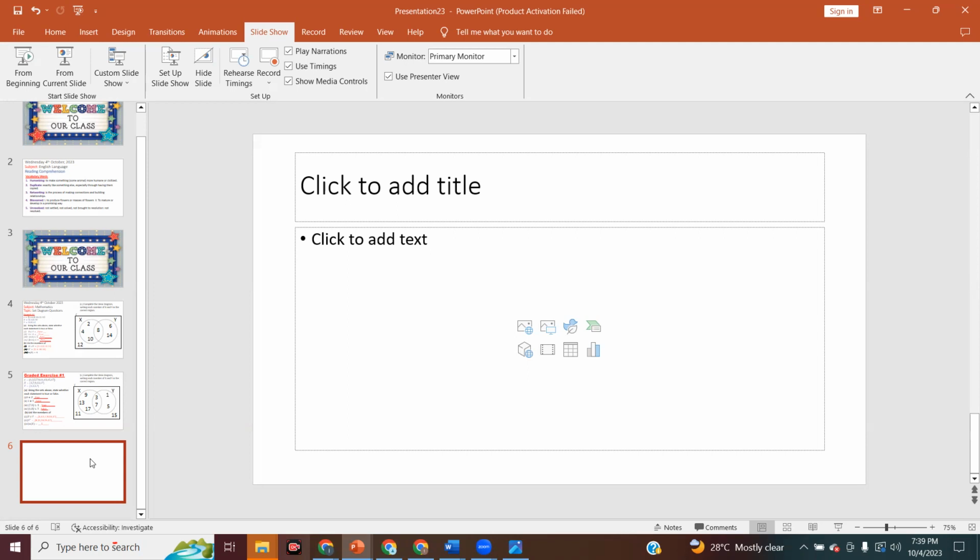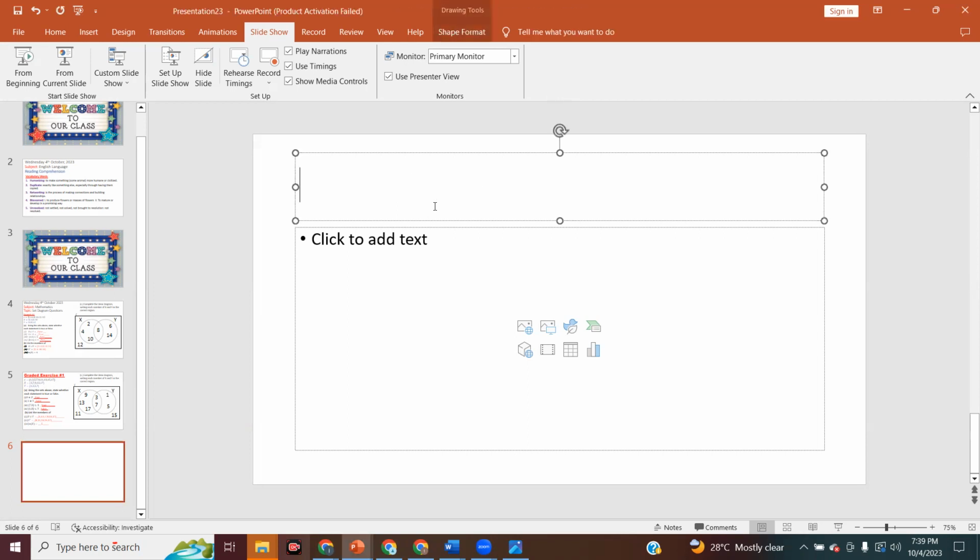All right. For this one, we have to construct a table. So we're going to call this graded exercise number 2.